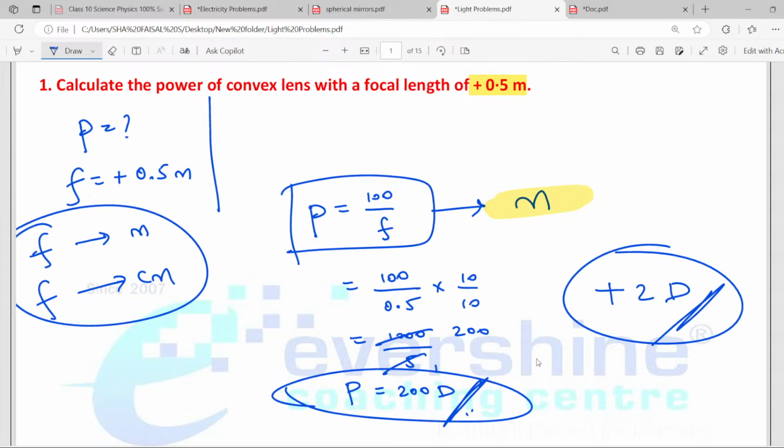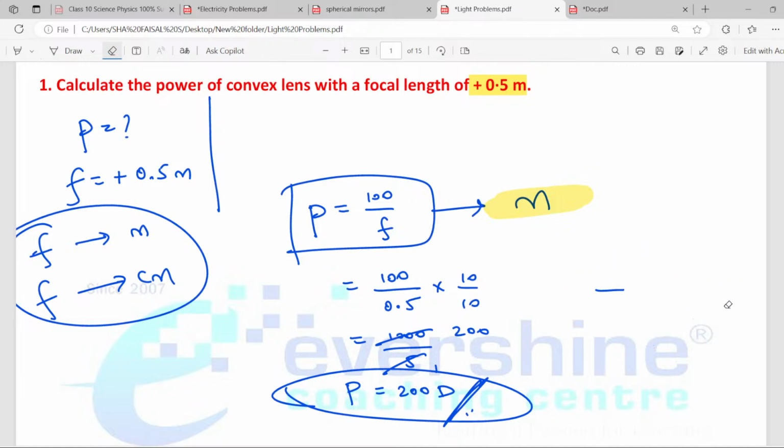Can you check? It is plus 2 or 200? Very good. It is 200 diopters only.